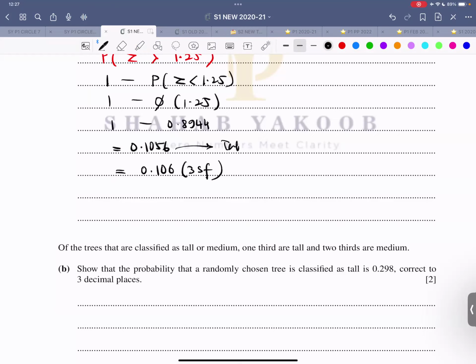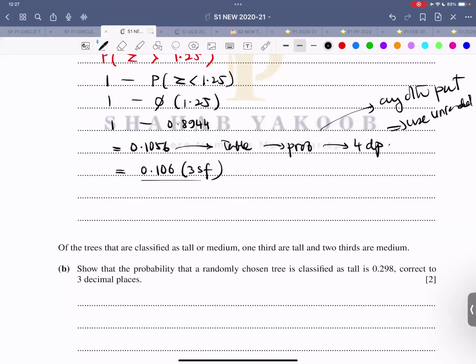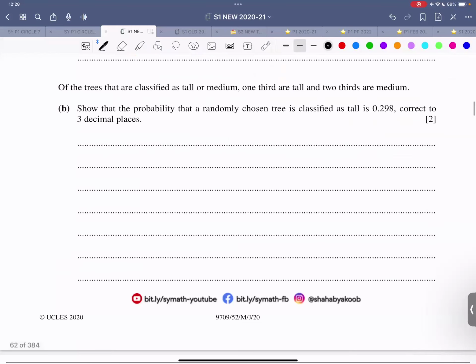The table will give us probability correct to 4 dp, final answer 3 sf. If I use it for any other part, which I will, use the unrounded 4 decimal place value. All good?